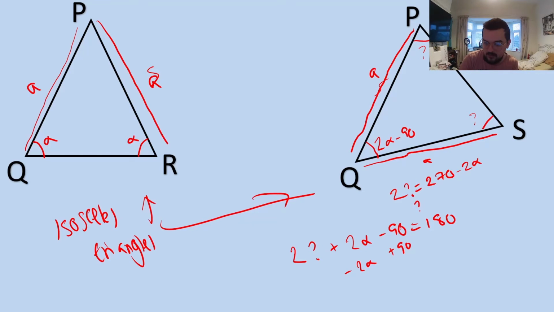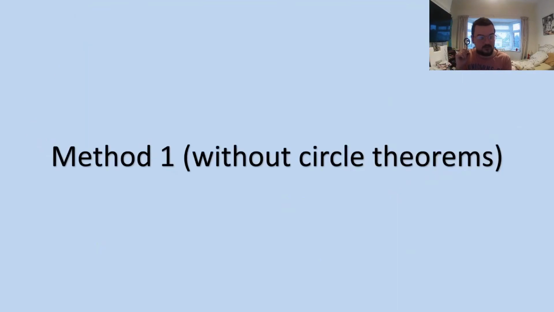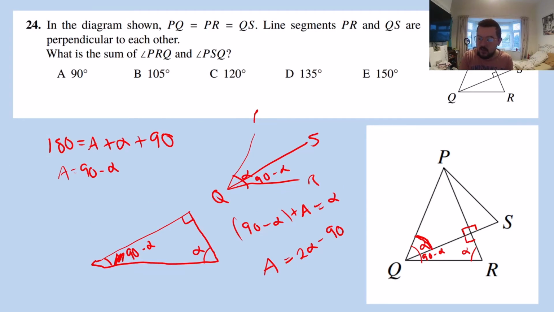Then we just divide by 2 to find our unknown angle, which is 135 minus alpha. So each of these angles is 135 minus alpha. Now at this point, we go back to the question. We say, right, what angles are we actually looking to solve? We're looking to solve PRQ.